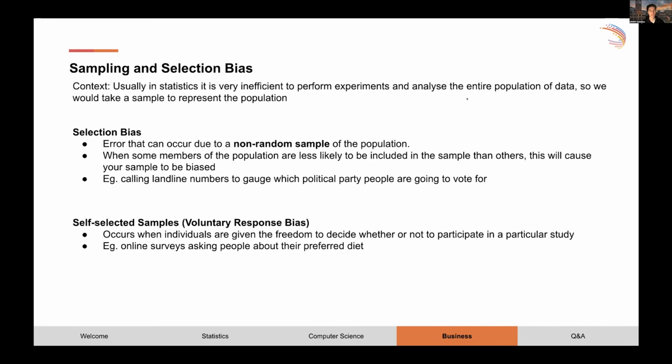So you might get a lot of people that have a bias towards a specific diet. For example, people on the keto diet might be super motivated to share the good word of the keto diet, so they might be super obliged to go into the survey and fill it out. In that case, that might be how we introduce bias.